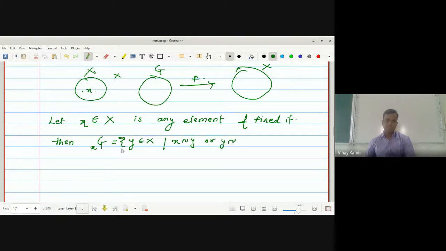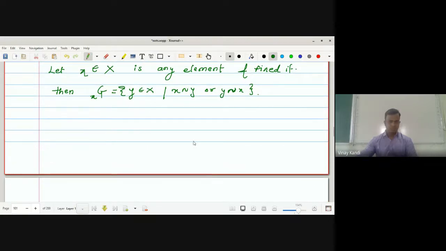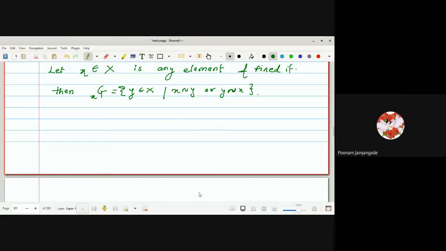So y should be such that it is related to this x. Any doubt up to here? No, sir.